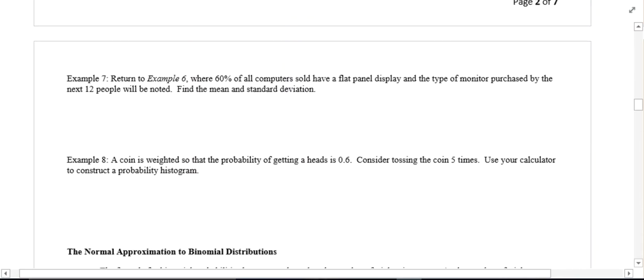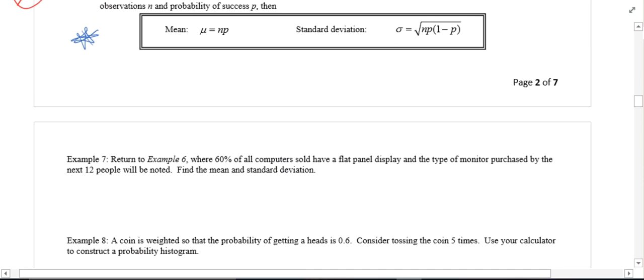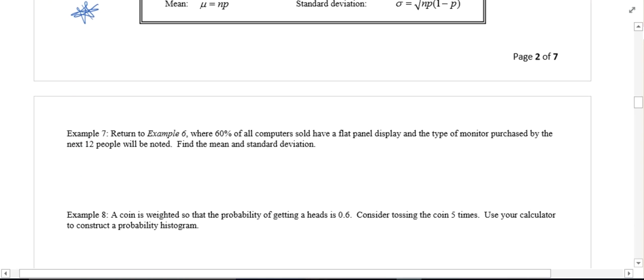All right, so we're going to jump back up to example 7, but it says return to example 6 where 60% of the computers sold have a flat panel display. And you look at the type of monitor purchased by the next 12 people, find the mean and standard deviation. So here let's just label some things. This is our p is 0.6, n is 12.